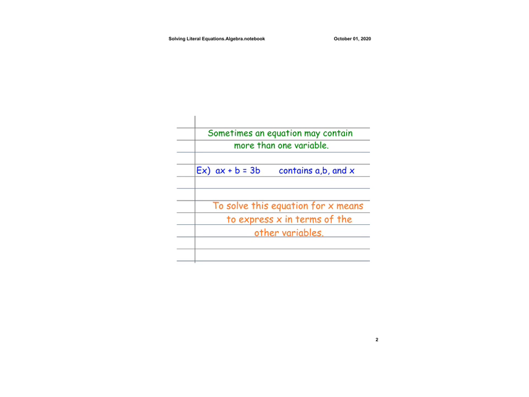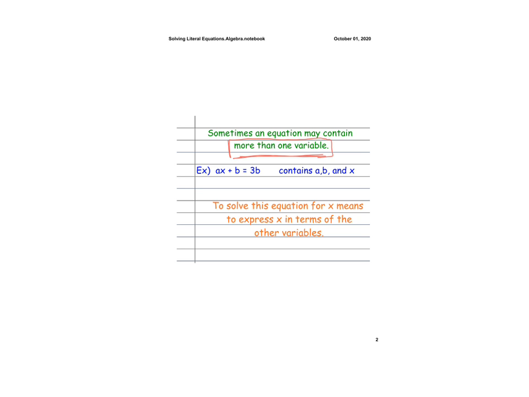So we've been solving equations that contain one variable, either an x, a y, a z, whatever it happens to be. What we're going to be doing today and over the next couple of days is solving equations that have more than one variable. That's a literal equation when there's more than one variable. So all it does is it changes the way our answer looks.